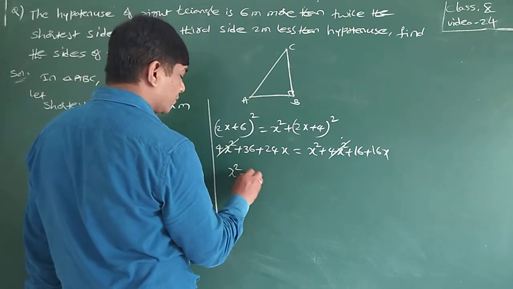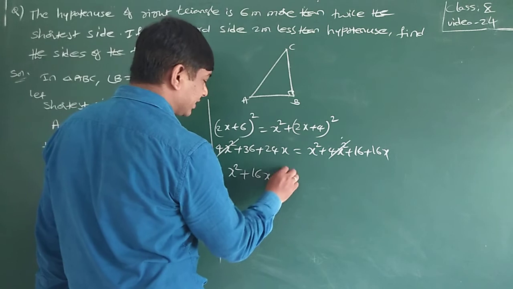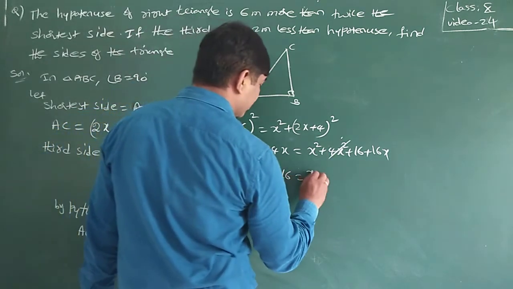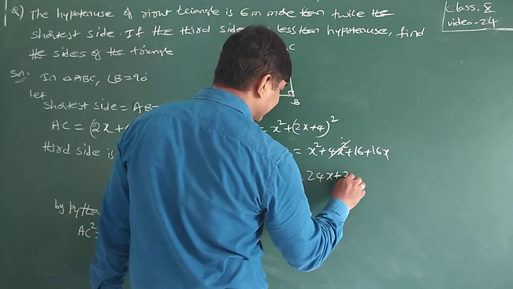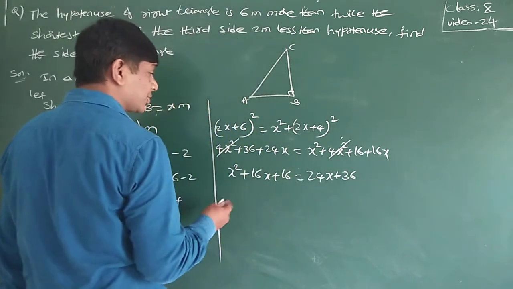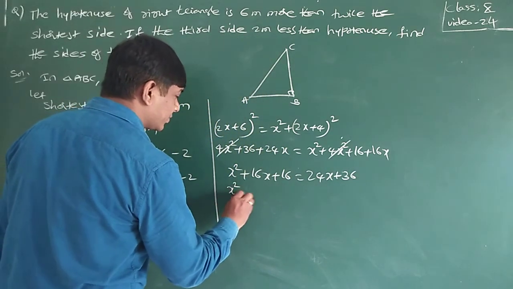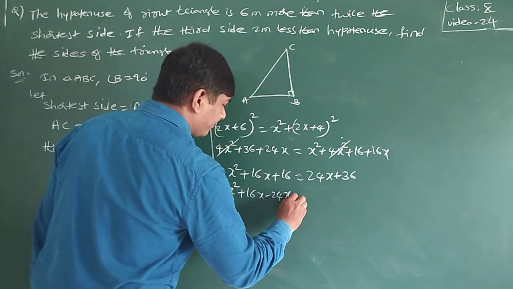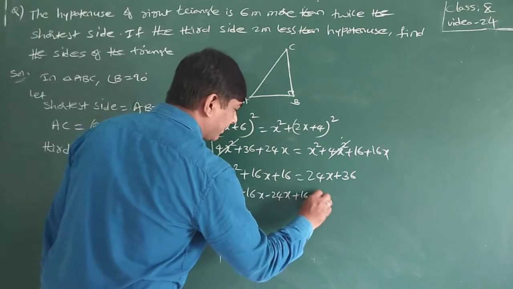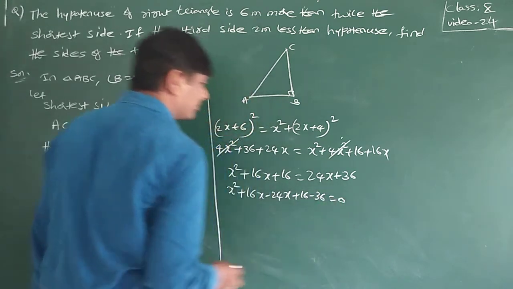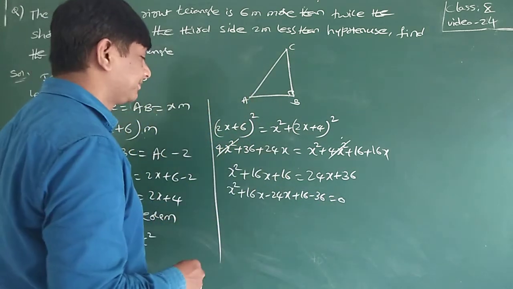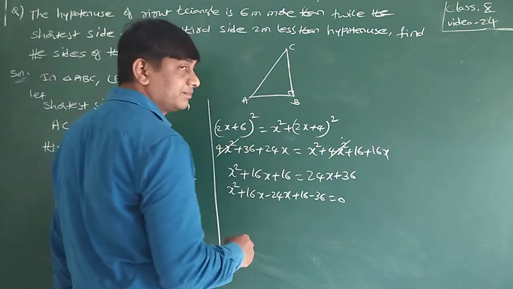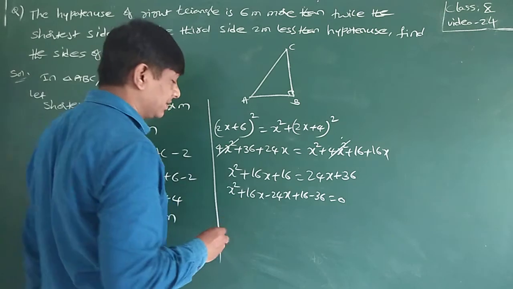Now x square plus 16x plus 16, just interchanging places, is equal to 24x plus 36. Transpose this term to this side: x square plus 16x minus 24x plus 16 minus 36 is equal to 0. I took all terms to this side for convenience only.